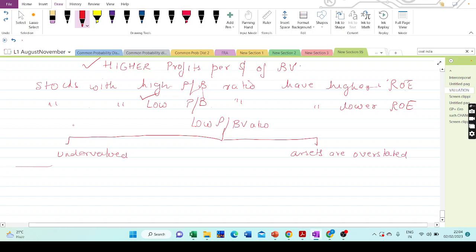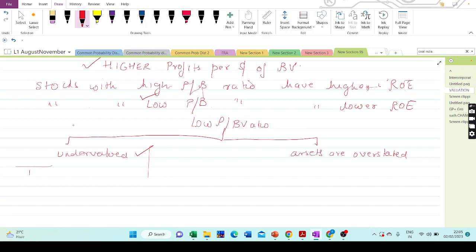The assets of the company are overstated, and the value of the assets is expected to fall, and that is why investors are willing to pay less per dollar of book value. So a low PB ratio can mean that the stock is undervalued, or the investors in the market believe that the prices of the assets are likely to fall, and that is why they are willing to pay less per dollar of book value.